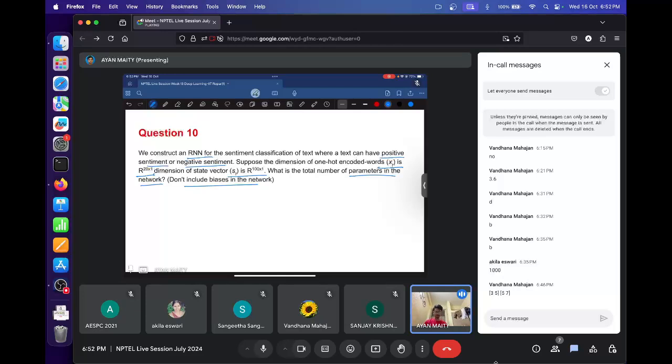So xt is a 20 cross 1 vector. st is a 100 cross 1 vector, and there are two outputs possible: positive sentiment, negative sentiment. The output is of 2 units.